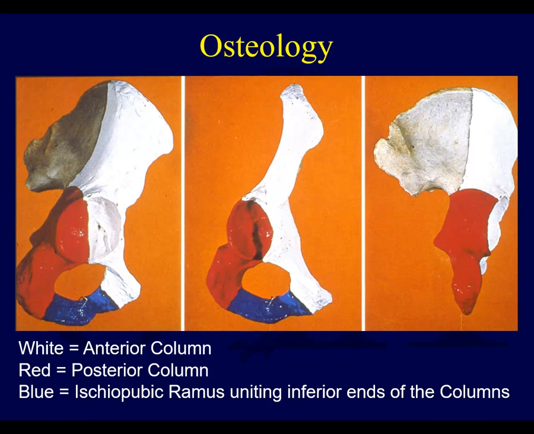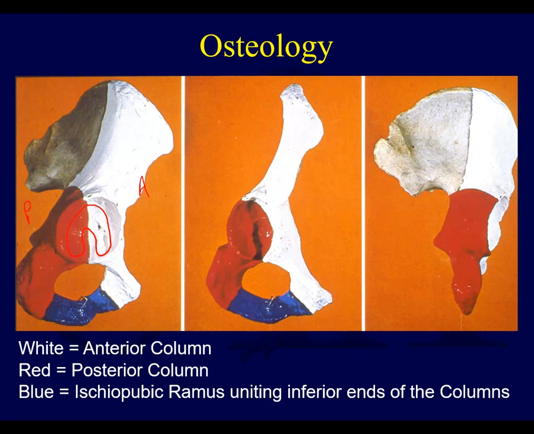Now, if you were to take a sawbone model or some type of plastic bone model and pick it up and look at it, this is how that might look. So again, the acetabulum is oriented such that the articular surface is in this inverted horseshoe. Posterior column here, anterior column here, and this is shown from multiple different views.